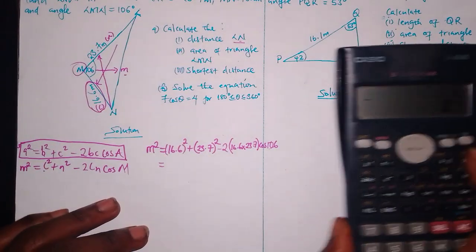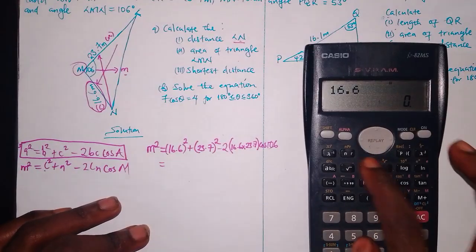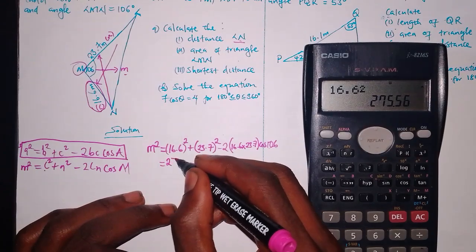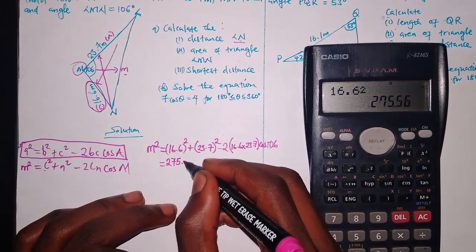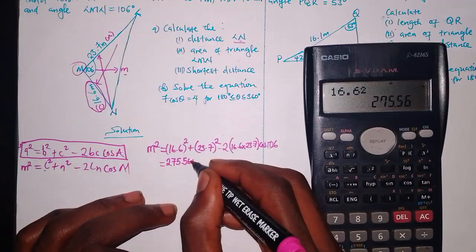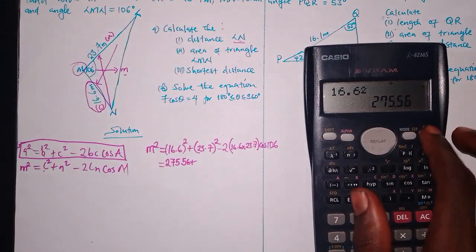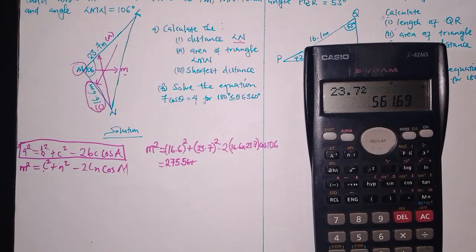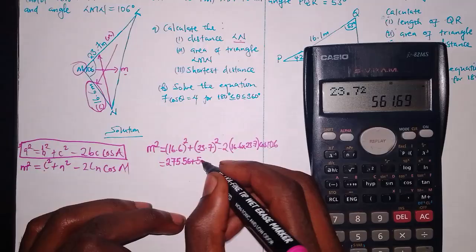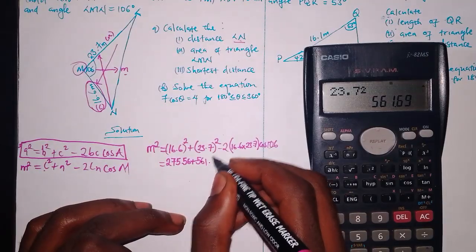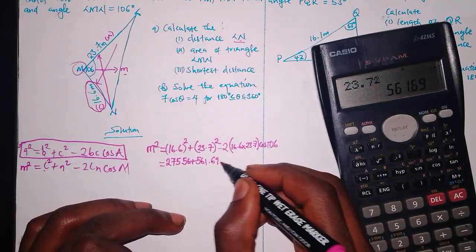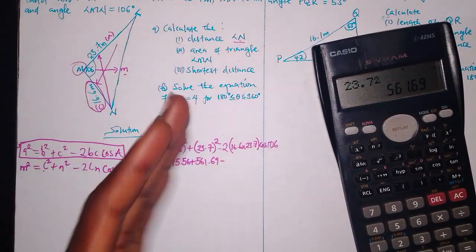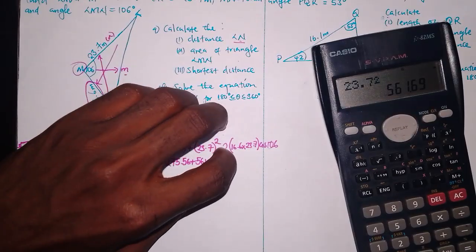So you say 16.6 squared, we have 275.56 plus 23.7 squared, we have 561.69 minus.